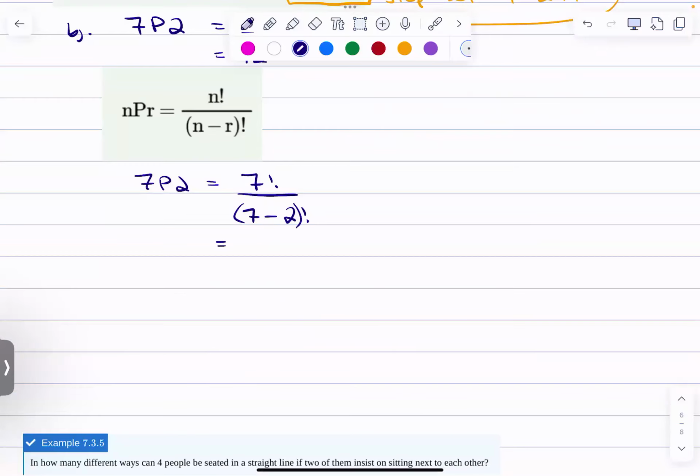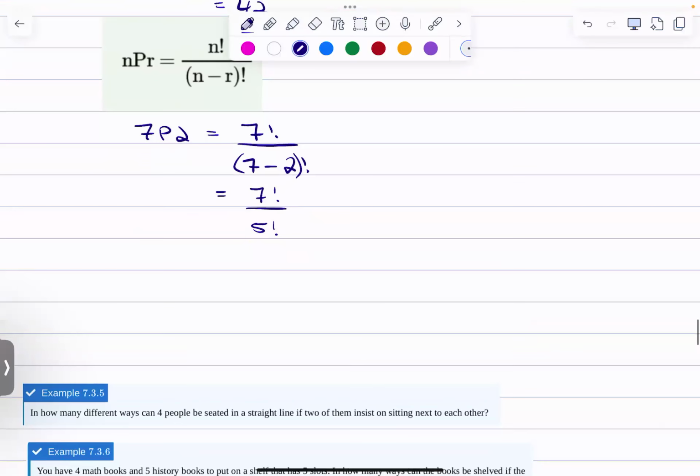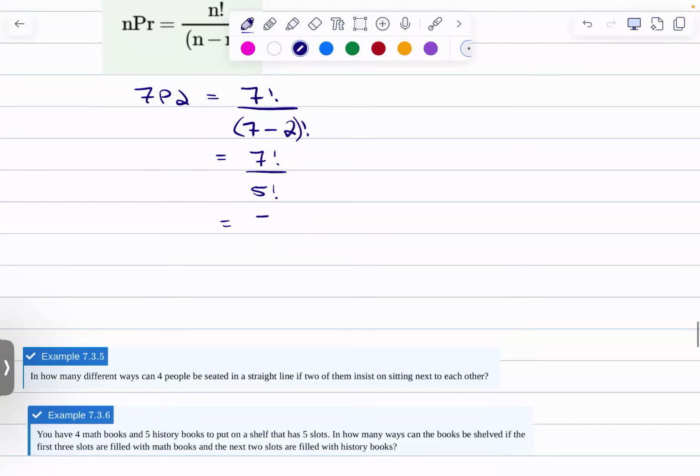Seven minus 2 factorial is 5 factorial, which means I'm going to write out 7 factorial until I hit 5 factorial, and then I can just cancel them. And so I get 7 times 6 times 5 factorial divided by 5 factorial. Ding, ding. And 7 times 6, still 42.